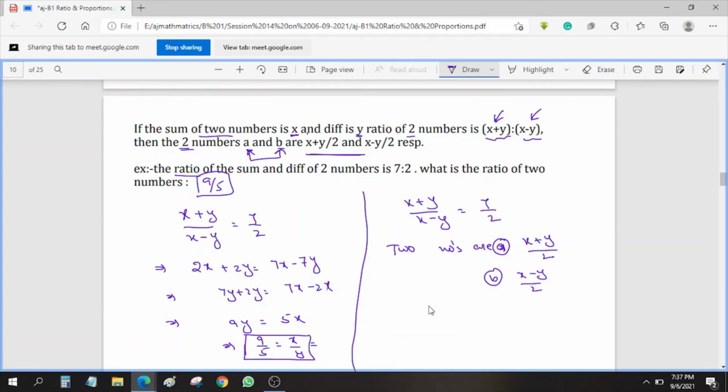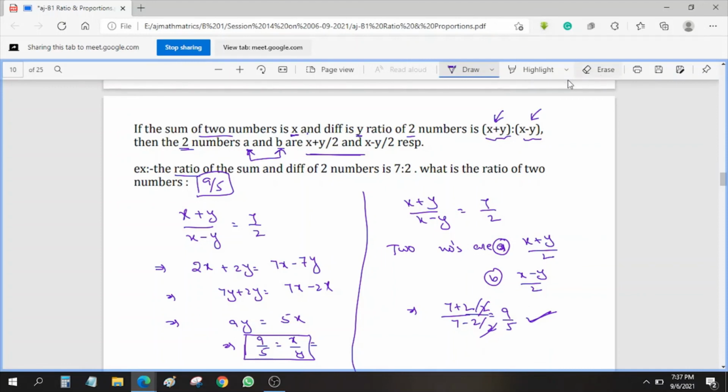So 7 plus 2 and 7 minus 2, which is 9 by 5. By 2 where did it come from? By 2 needs to get cancelled. So the 2 and 2 get cancelled, and we are left with 9 by 5. So the answer for the question is 9 by 5.